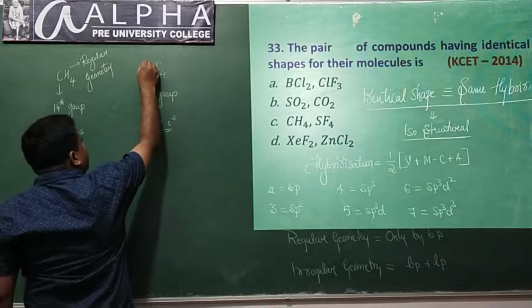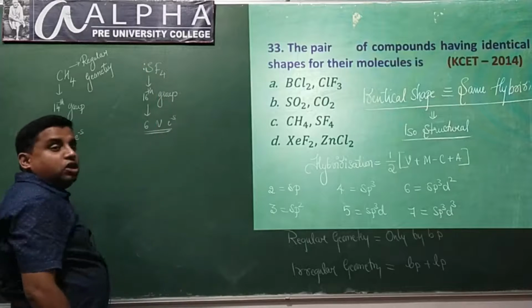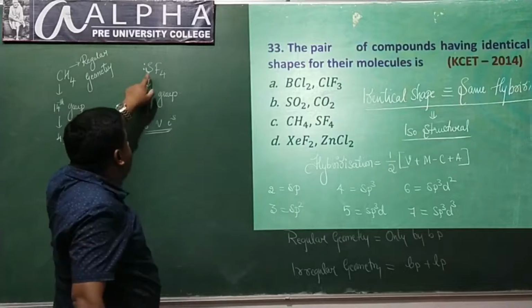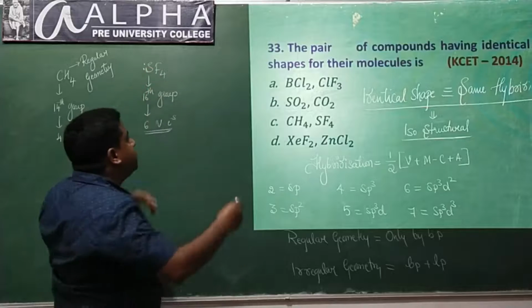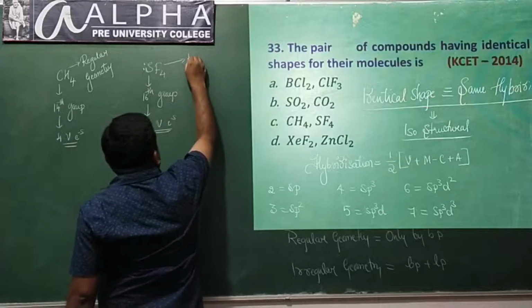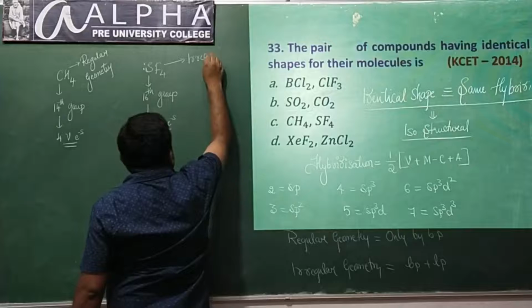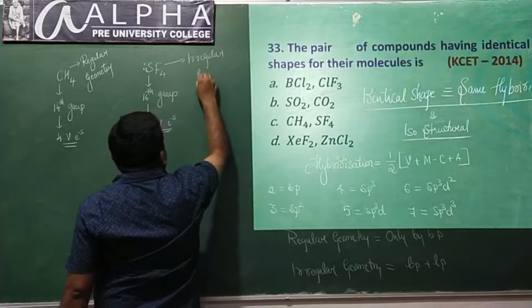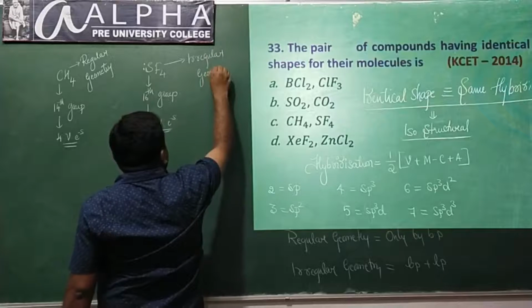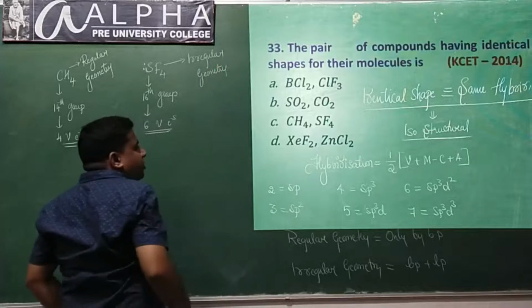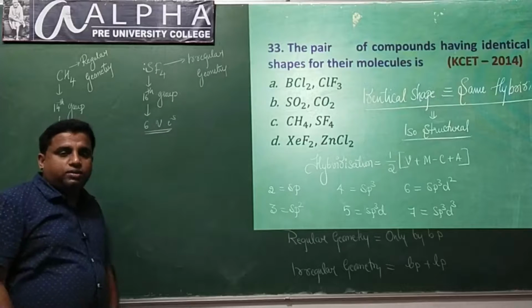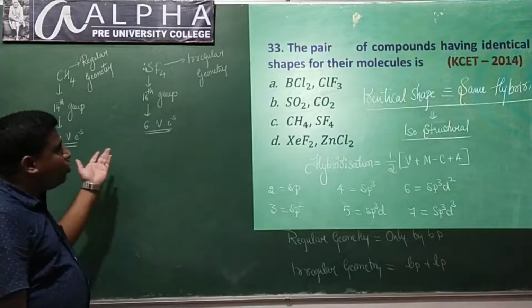Therefore, there are 2 electrons which form a lone pair. So sulfur has both bond pairs as well as lone pairs. So what type of geometry is it? Irregular geometry. So one is regular geometry and the other one is irregular geometry, students. Hence, they don't have the same shape.